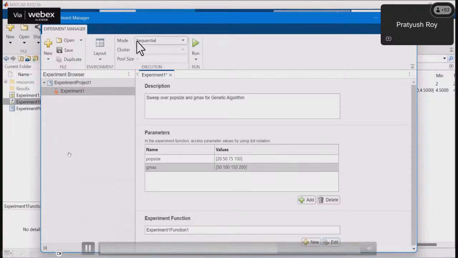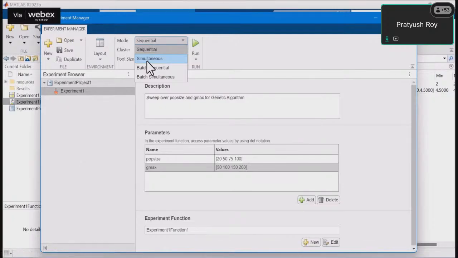Now, I have defined all of this. There are multiple ways through which I can go through or sweep through these parameters. So I can sweep through the population size, I can sweep through the maximum number of generations. It can either be sequential or it can also be simultaneous.